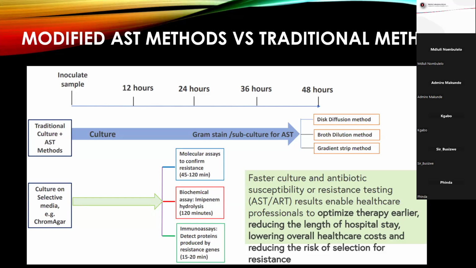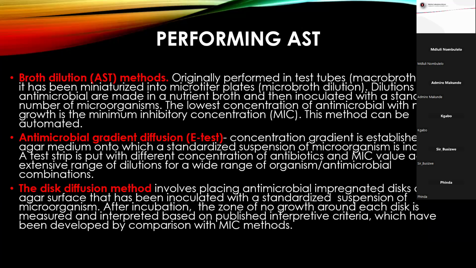It can be PCR also, which can generate results within 45 minutes or 2 hours, but it's only on resistance. There are also some rapid kits, similar to the ones you are using, where you just drop a suspension, then wait almost 2 hours to check whether there's any resistance gene within the cultured bacteria.